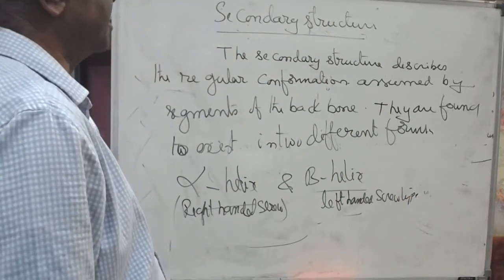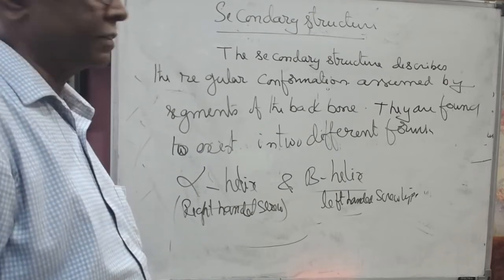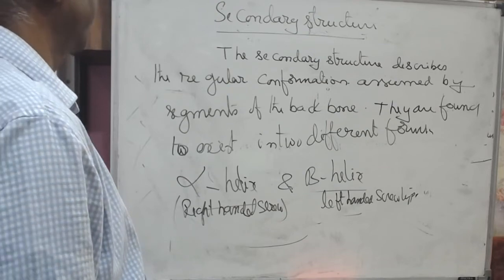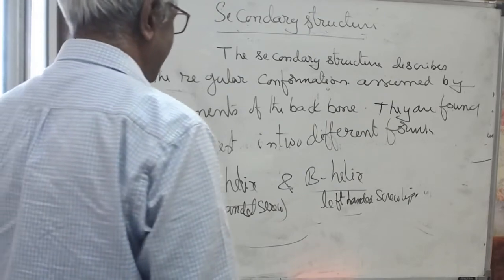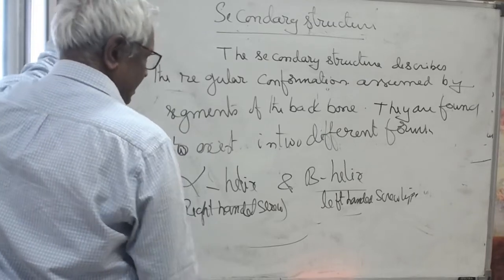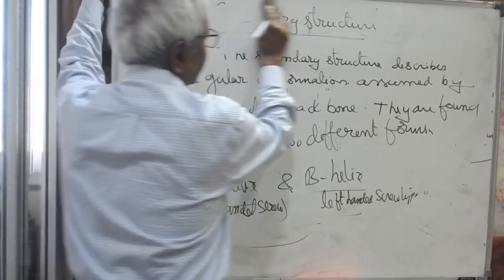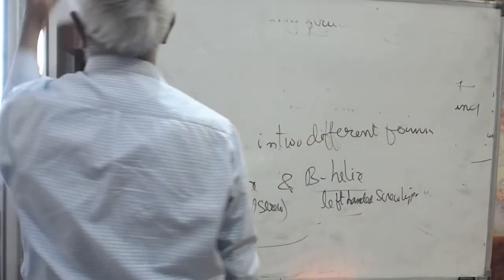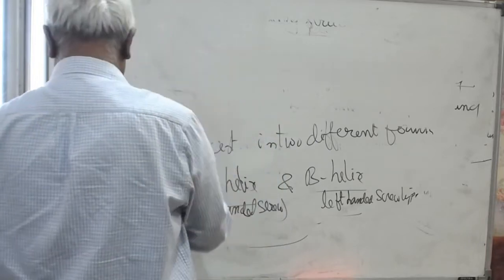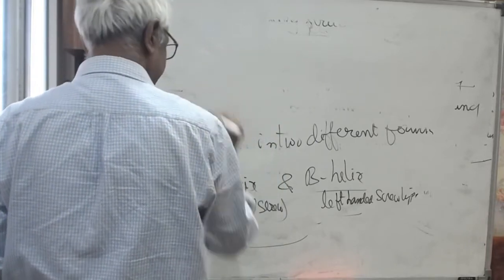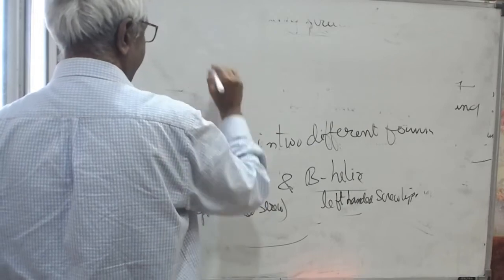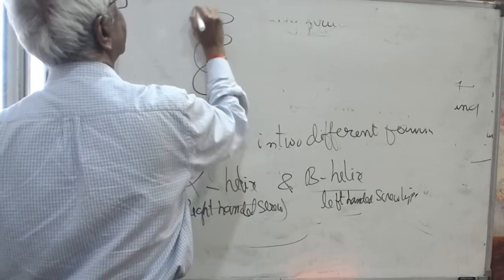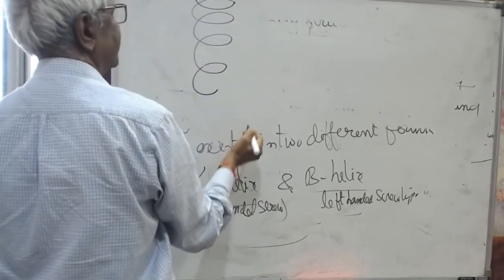Note down. The secondary structure describes the regular conformation assumed by the segments of the backbone. They are found to exist in two different forms. One is alpha helix, another is beta helix. For example, it is right-handed, like this.